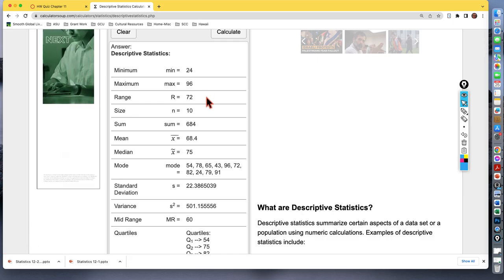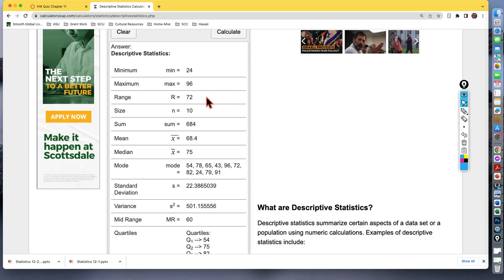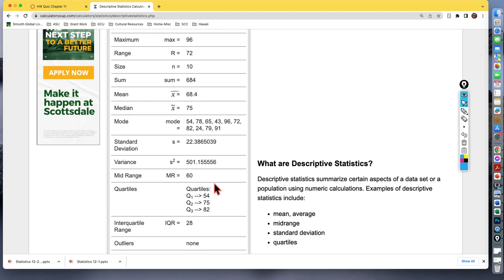So you're getting the smallest number and the biggest number. You're getting the median, which is right in the middle. Quartile 1 is 25% through the data, and quartile 3 is 75% through the data. Does the order matter? It does. You're always supposed to list them from smallest to largest.